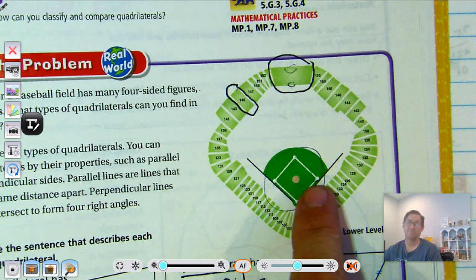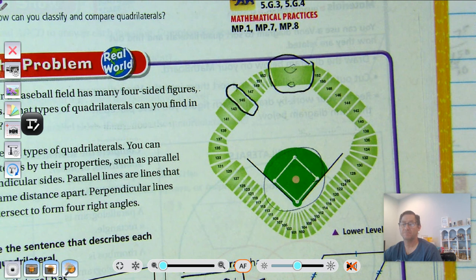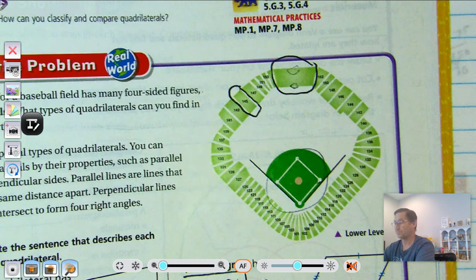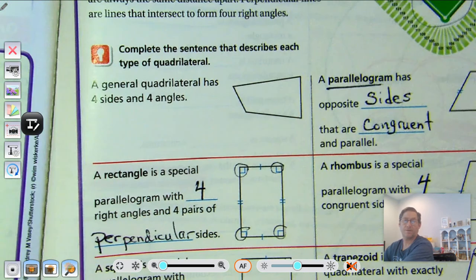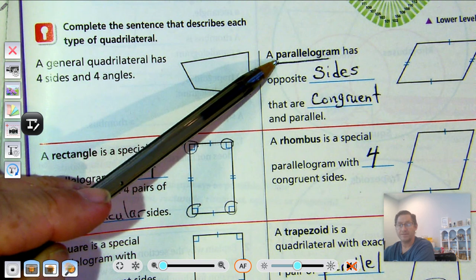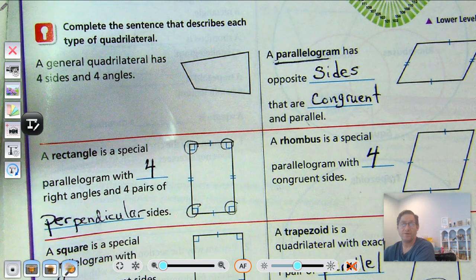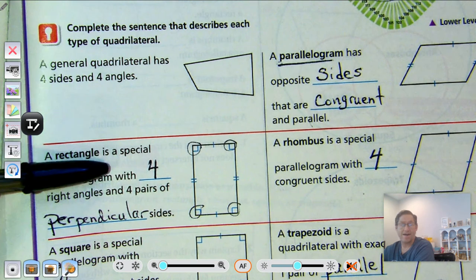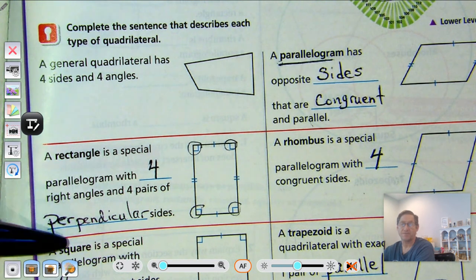The square has all of those names. A square is a parallelogram. It has opposite sides that are congruent and parallel. It's a rectangle because it has 4 right angles and 4 pairs of perpendicular sides.